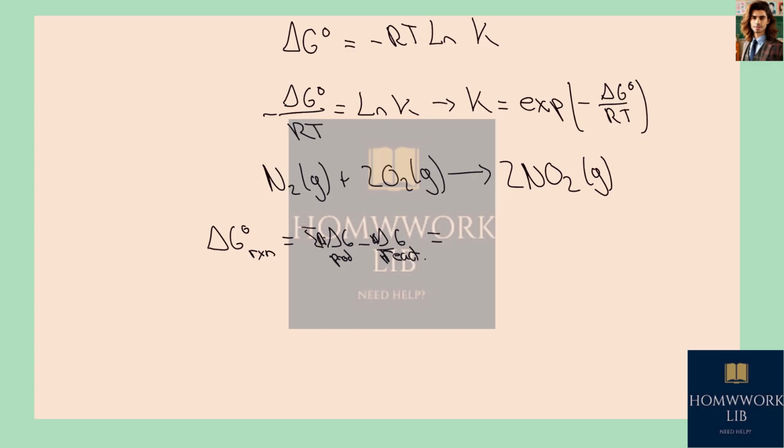Okay? So in this case, this becomes 2 times delta G naught of formation of NO2 gas minus delta G naught of formation of N2 minus delta G naught of formation of O2.